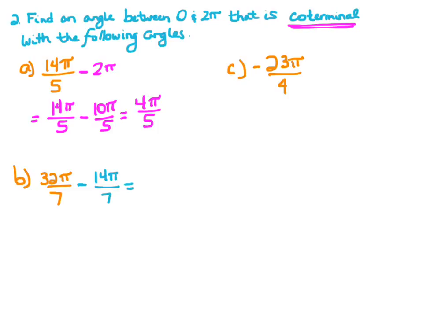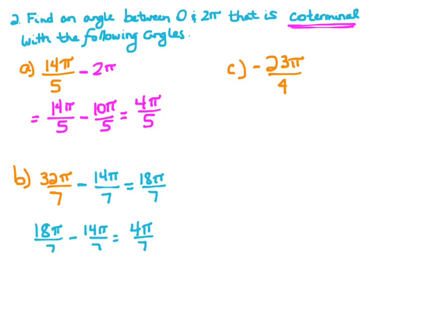So if I subtract that, 32 minus 14 would be 18 pi over 7. And that 18 over 7, it's not yet between 0 and 2 pi, so we need to subtract 14 pi over 7 again. And this time we end up with 4 pi over 7, which is an angle that is in the range we're looking for.